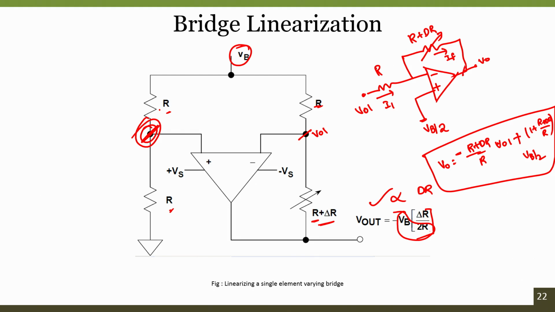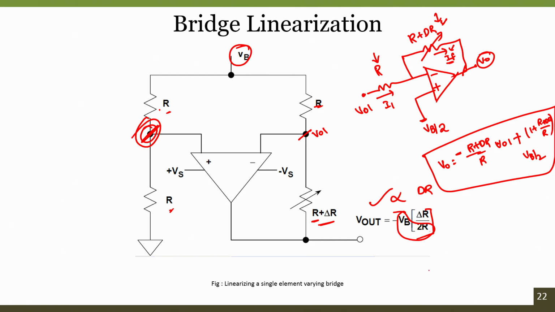So, this particular potential will vary in order to maintain the same current flowing in the resistance R as well as R plus delta R. Which means that the current flowing through R plus delta R will be constant throughout the operation. So, what is going to happen? Any change in the sensor resistance, since the current is already constant, changes the output voltage, because of which we get an output voltage proportional.